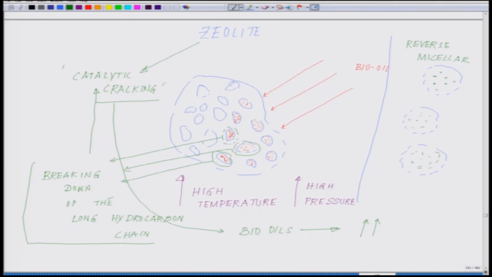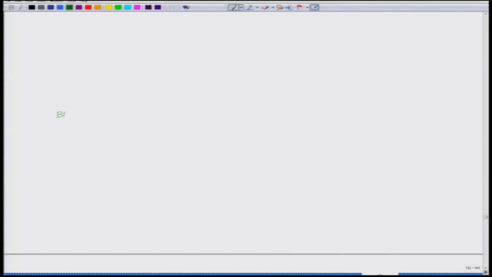Now, going back to the previous class, if you remember, we talked about a particular table layout. We talked about when you have the bio oils, what transformations we are doing. One transformation we talked about is the hydrogenation reaction.